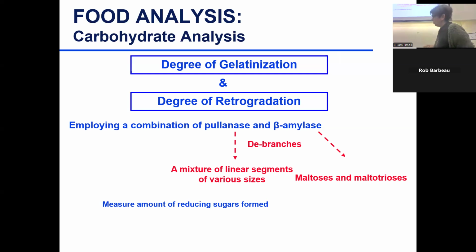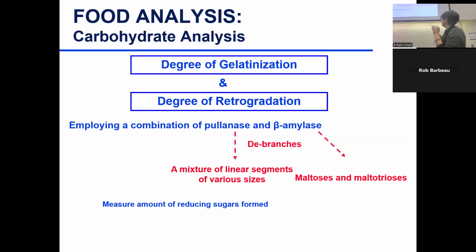So what happens is you get your reference sample and you have your sample that you tested. You add to both your pullulanase and beta amylase. The pullulanase is going to debranch, so you get linear segments. And the beta amylase is an exoenzyme and will break dimers and trimers.